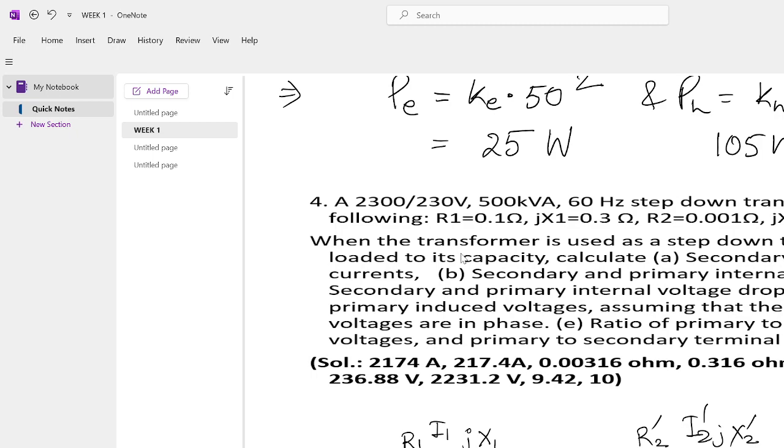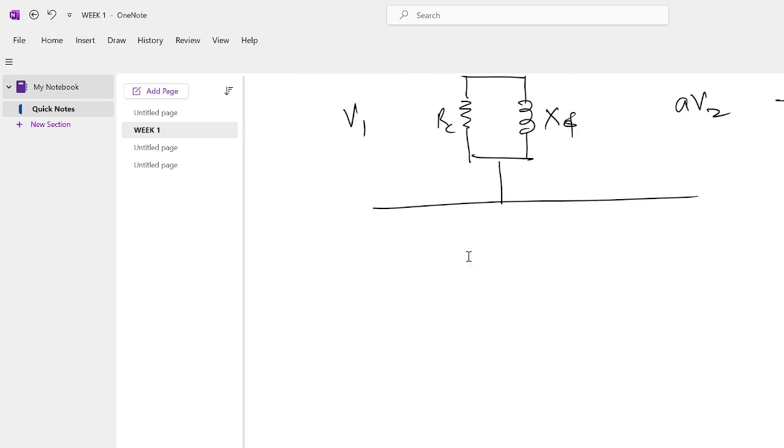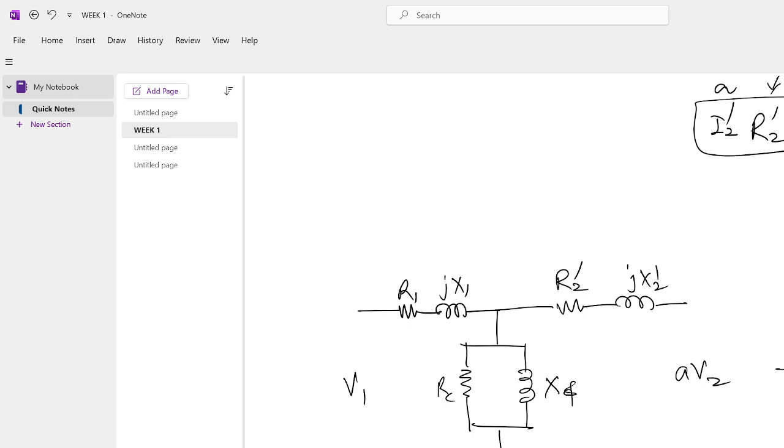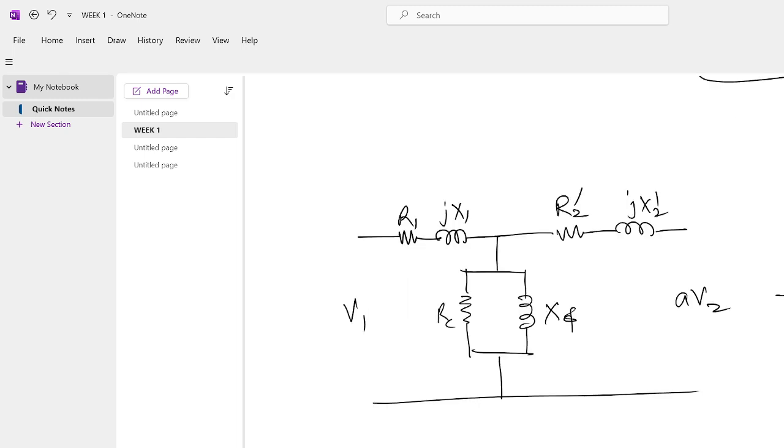What is the question? What will be the value of secondary and primary current? I secondary will be equal to kVA upon Vs, that is 500 into 10 to the power 3 upon 230. Please solve and get it.